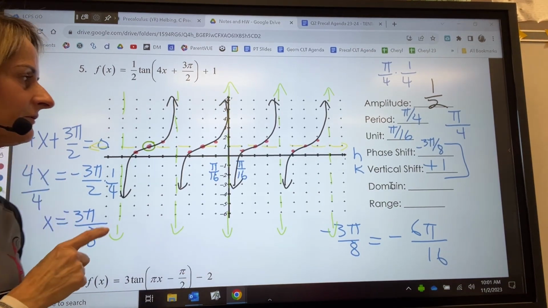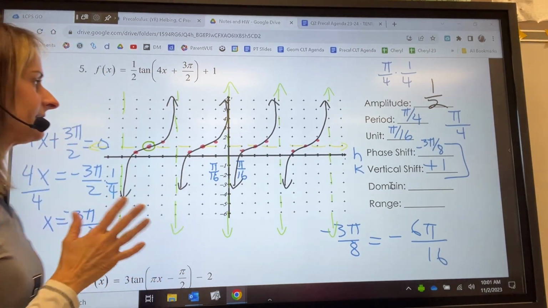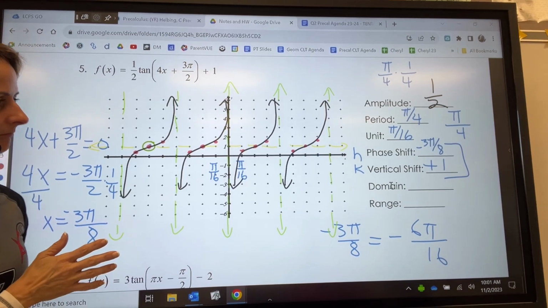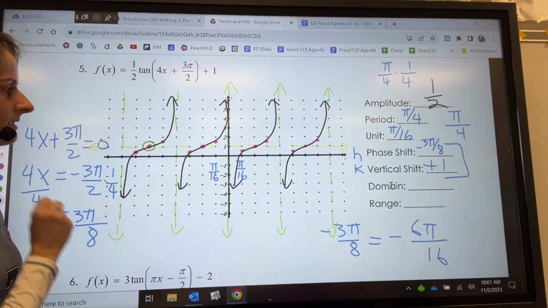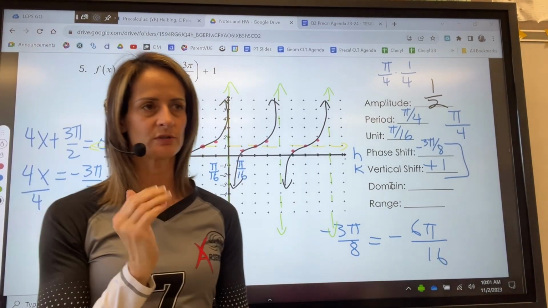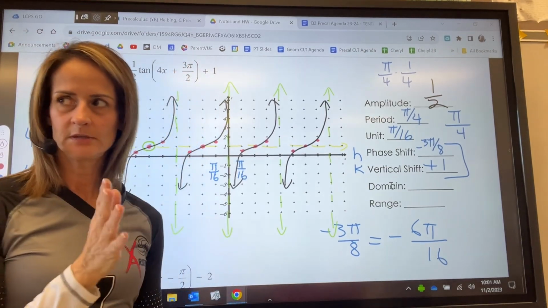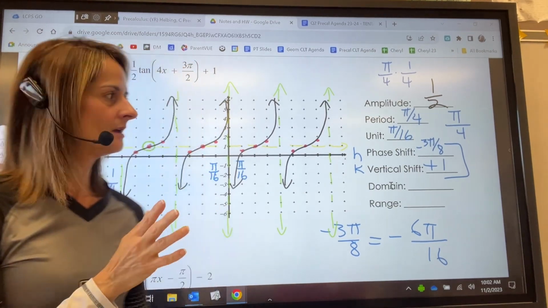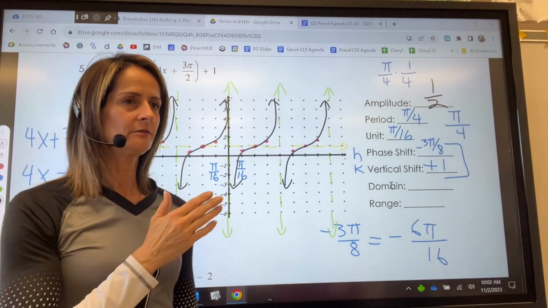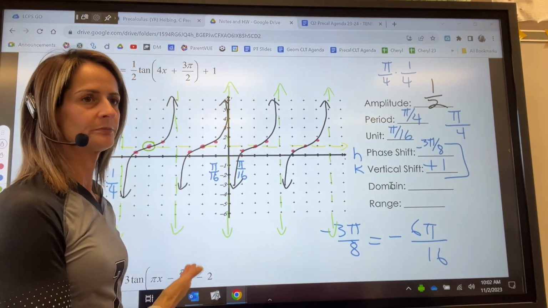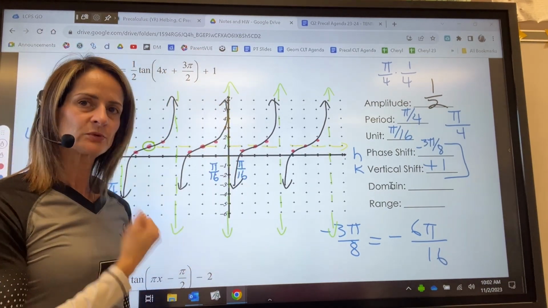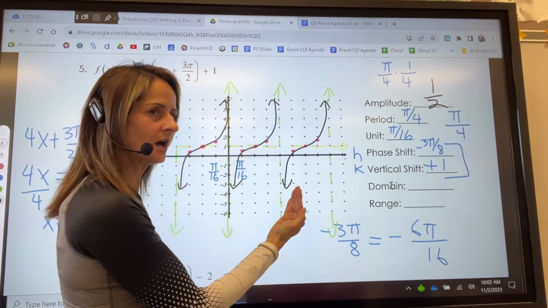Okay, the domain for this one is kind of tough. It's very similar to the last one, except for there's one extra step. Is everybody ready? Okay. When you have an asymptote, we're looking for the first one, and it's to the right of the y-axis.